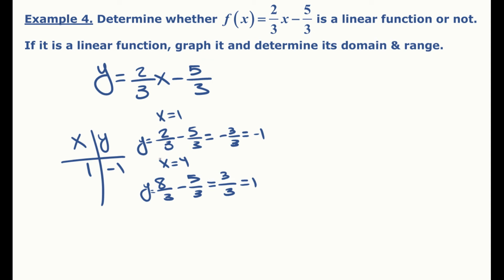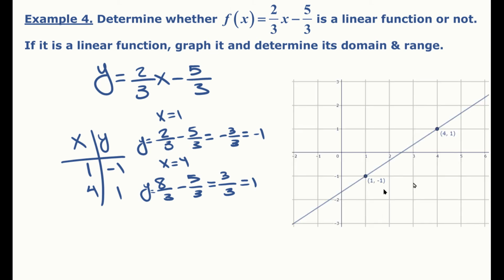So you don't always end up with this, and it's perfectly okay to work with fractions and plot fractions, etc. But sometimes if you're a little bit patient, you can come up with some really, really nice results. So 4 will give us 1. Now we're just going to plot these 2 points on the Cartesian coordinate plane, and we'll have our graph.